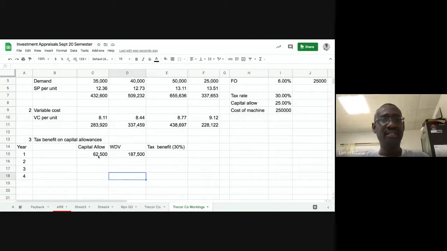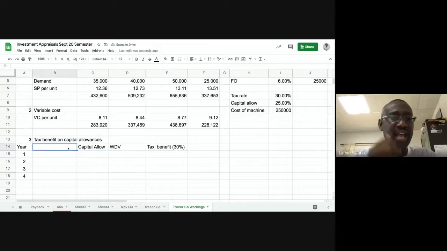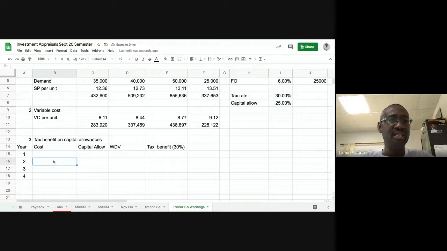So in fact, to make it simpler, to make it more explicit, let's have the first column as our cost. So that our cost of machinery, instead of coming here, we're going to have it here so that the brought forwards will also be here. So we say cost / brought forward. Is that clear?